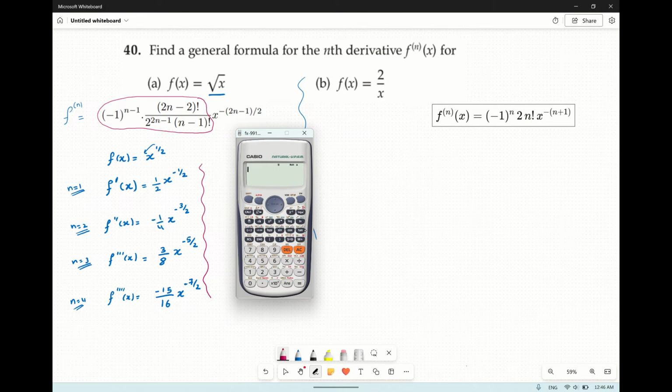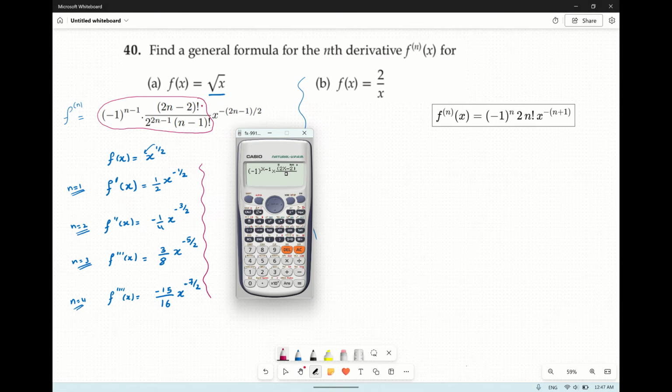We are going to put now minus 1 to the power of, let's say that instead of n I am going to put x, times, now here we are going to have 2x minus 2, close the bracket.